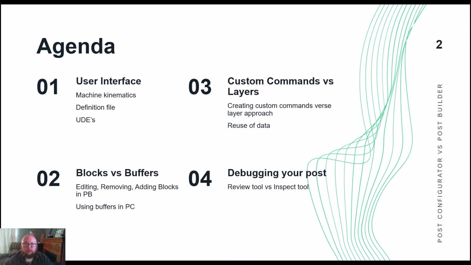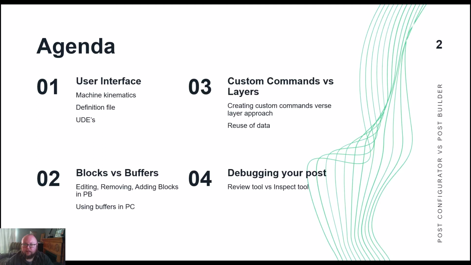In Post Builder, we tend to reorder blocks, create new blocks, and do a little bit more hands-on editing with these details. In Post Configurator, we're going to introduce something called buffers that you may not be aware of. What buffers are is essentially a way to modify where blocks are being output within an event.